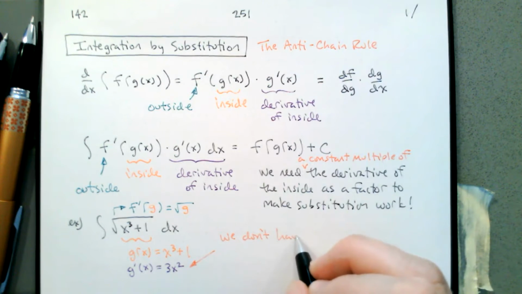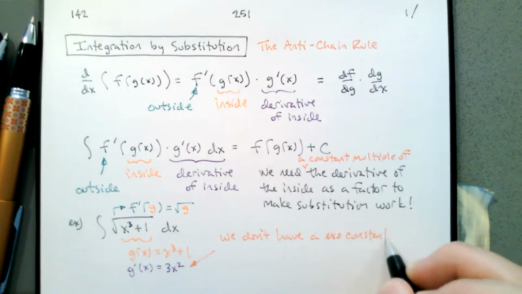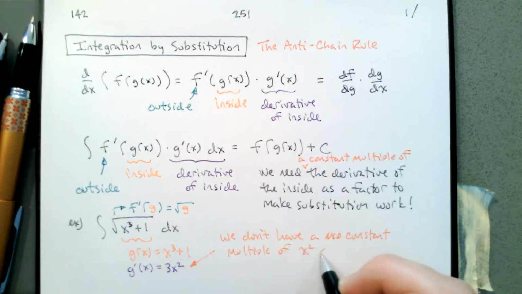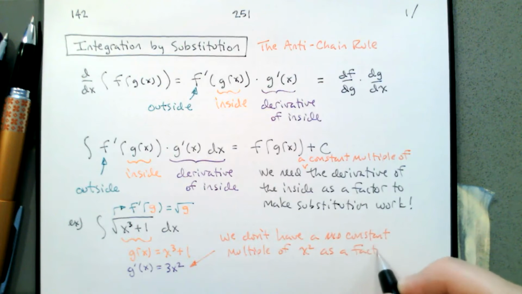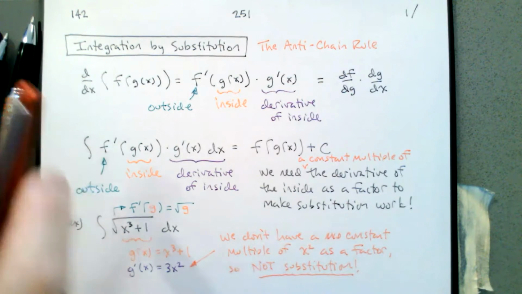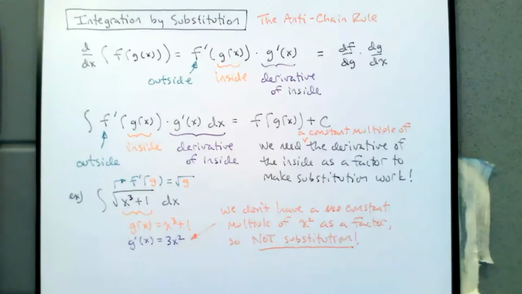We don't have a constant multiple of x squared as a factor. This doesn't mean we can't build an antiderivative, because we know from the fundamental theorem of calculus, we can always construct an antiderivative. We're just saying that substitution is not the way for this integral.